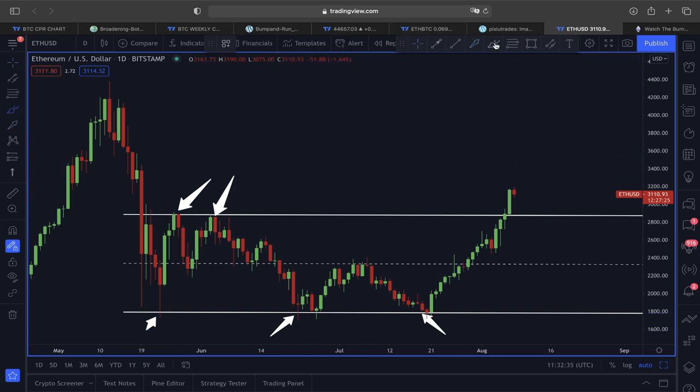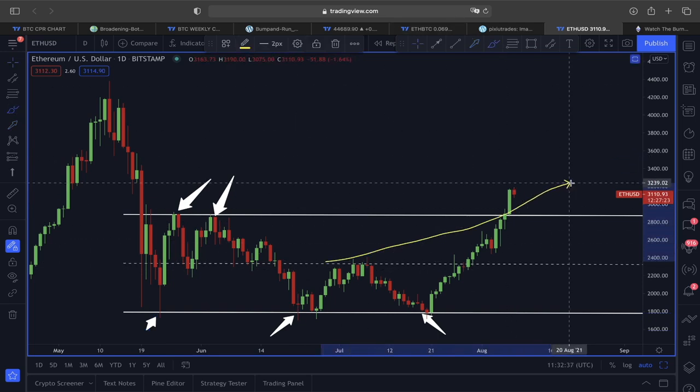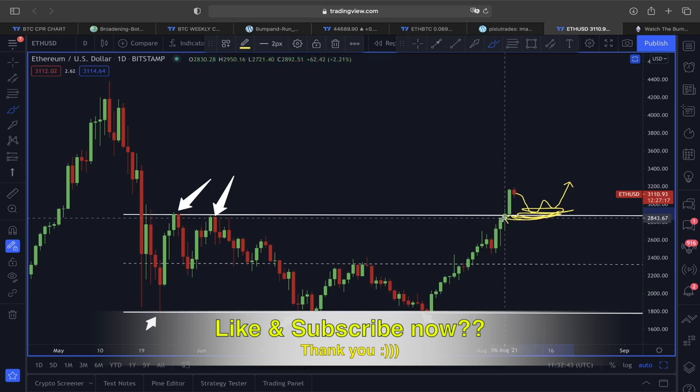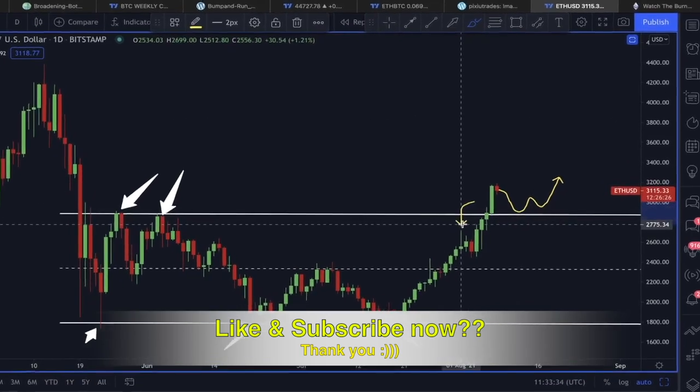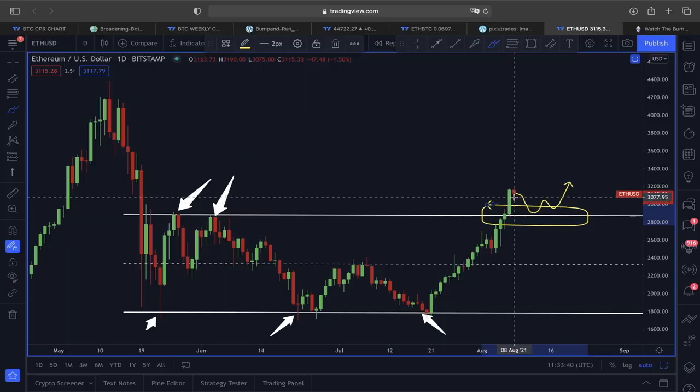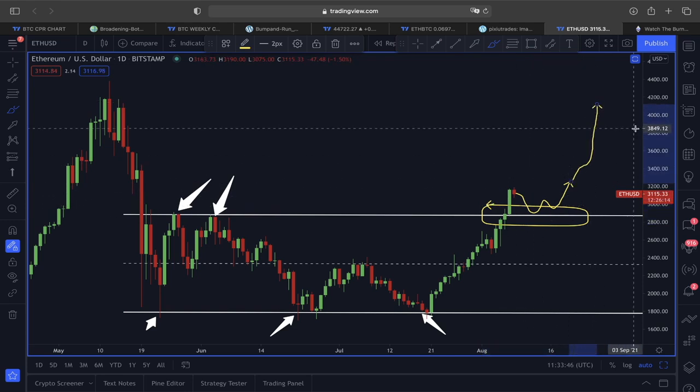So any sort of pullback along with the rising trend line, which I just showed you, right, this here could also be acting as a strong line of support. So that's why for Ethereum, on any sort of pullback around this 2,850 to 2,900, we do have some very strong support lying around for Ethereum. And after that, we are also expecting more of this trend continuation here to the upside.